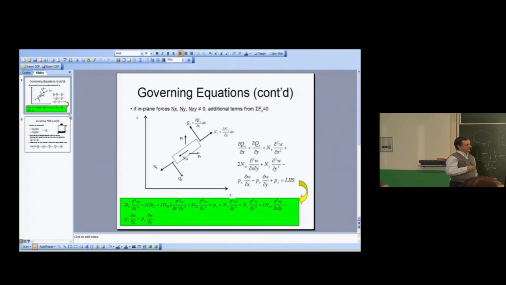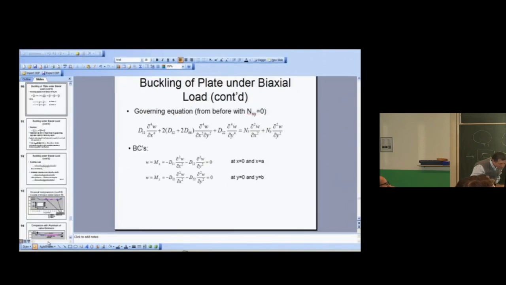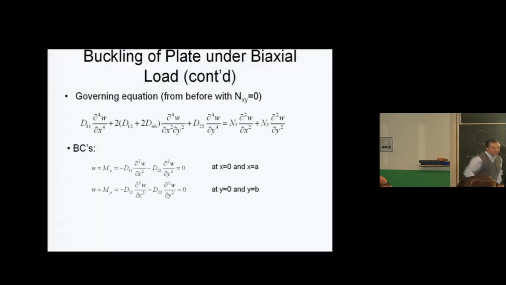And for our problem, we do have Nx applied, we do have Ny, but our Nxy is 0. So if I take this equation and remove these terms, I will end up with this governing equation for W.